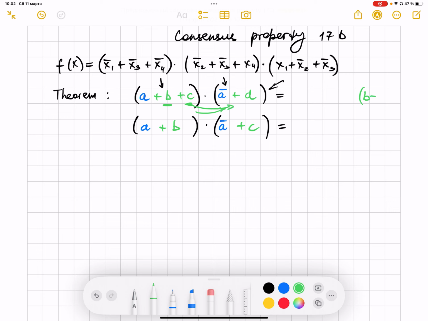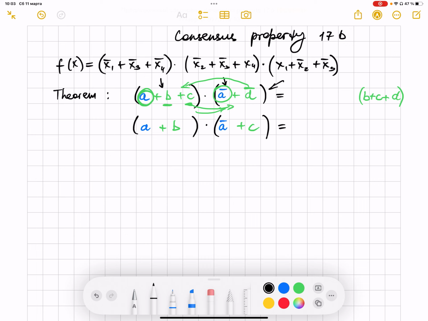No, so you write c. And you look at d, does d have its negation in this particular expression? No, so you write d. But you can't write a or a bar, because a has its negation in another element, it's a bar, and a bar has its negation in another element, which is going to be a.